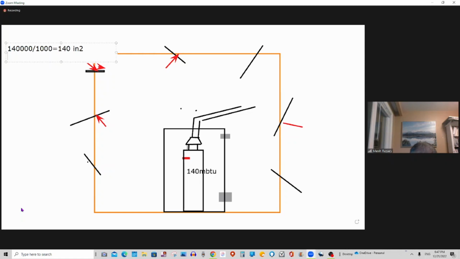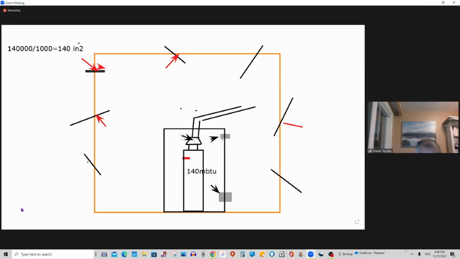If it is natural draft, you have to have two openings, one in the bottom here and one on the top. You have two types of appliance, either draft control or without draft control. If it is draft control, you need two openings, one on the bottom, one in the top. If it is fan assisted, only one on the bottom.